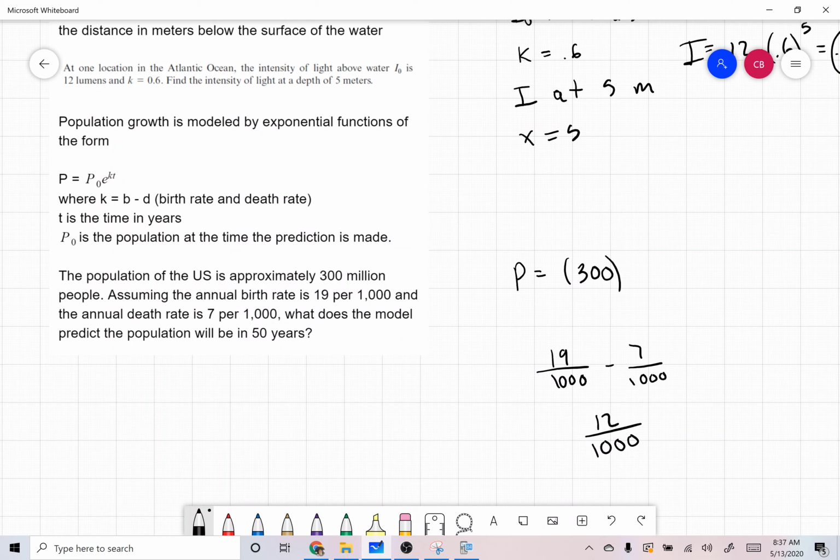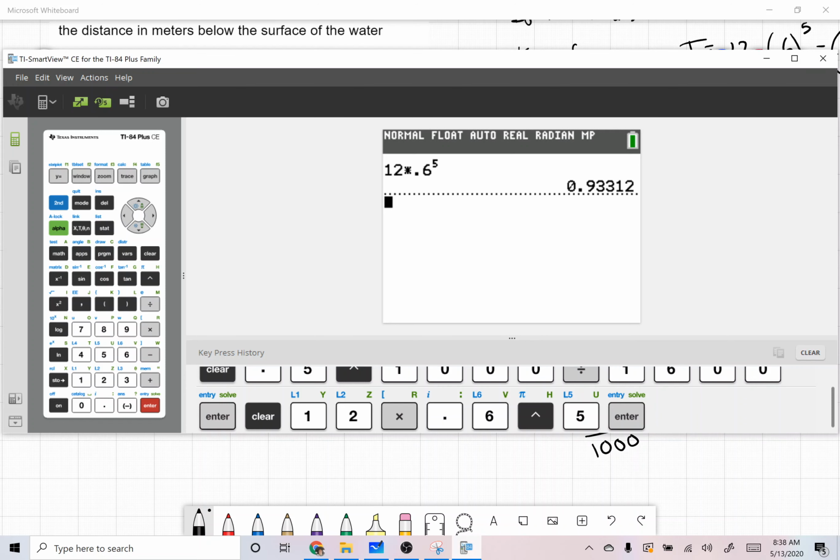So remember, E is a number, and then we have 12 per thousand times 50. We could just put the numbers that we're given in.